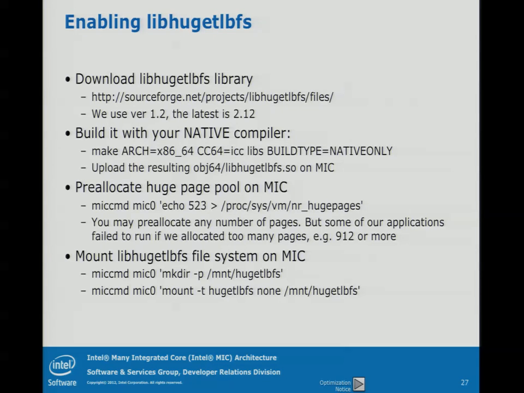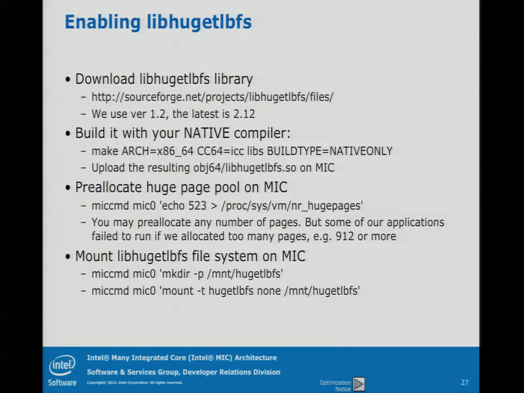How does it work with libhugetlbfs? That's also easy. Get the download, compile it yourself for MIC. Then also echo into this number of huge pages file again the number of 2 megabyte pages that you want.